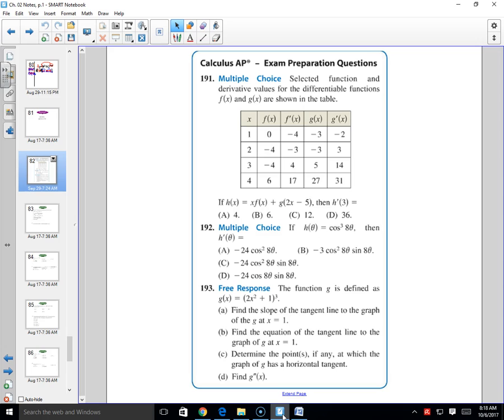On a multiple choice question, if all of the answers are in factored form, you probably don't want to FOIL first, because then you're going to get some nasty 4th or 5th degree polynomial that you have to figure out how to factor. And that's going to be a mess, unless you go through all the answers and FOIL them all out and try to match them. I don't want that.